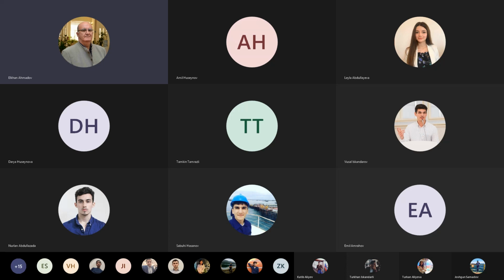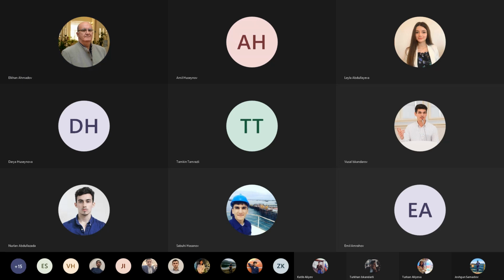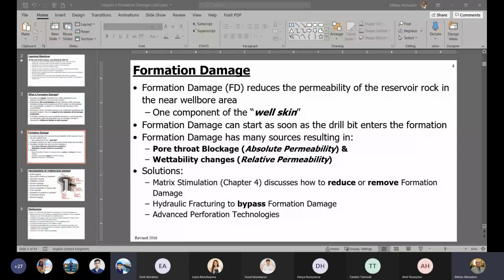Can you see the slide now? Deformation damage? Not yet. Yes, I see.